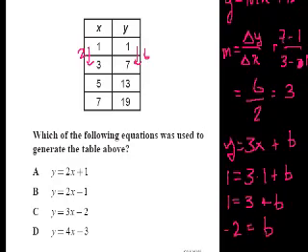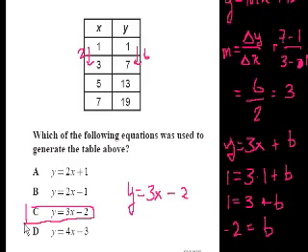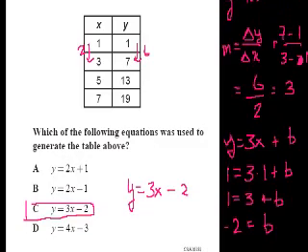So b is equal to minus 2. So the equation of our line, we have a slope of 3 and a y-intercept of minus 2. The equation is going to be y is equal to 3x plus b. Well, b is minus 2, so minus 2. And that is choice C.